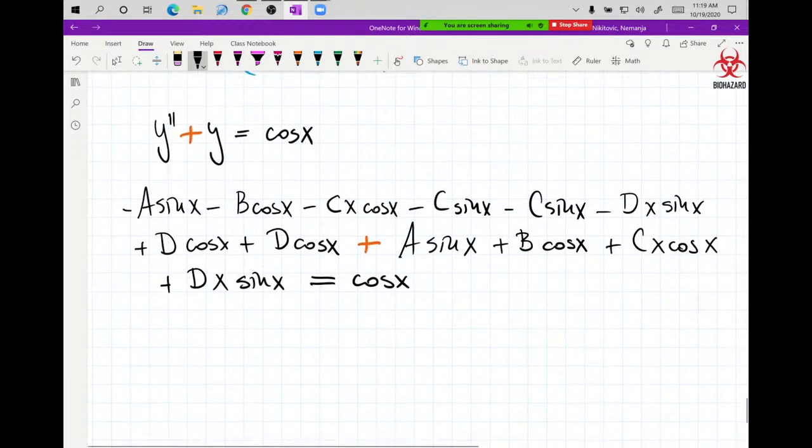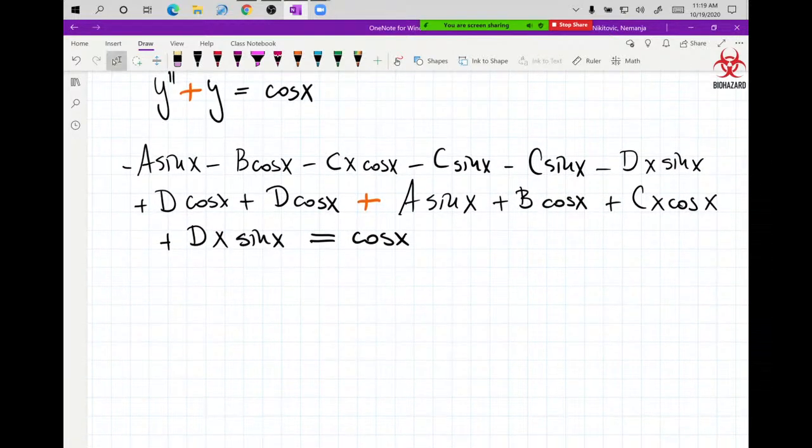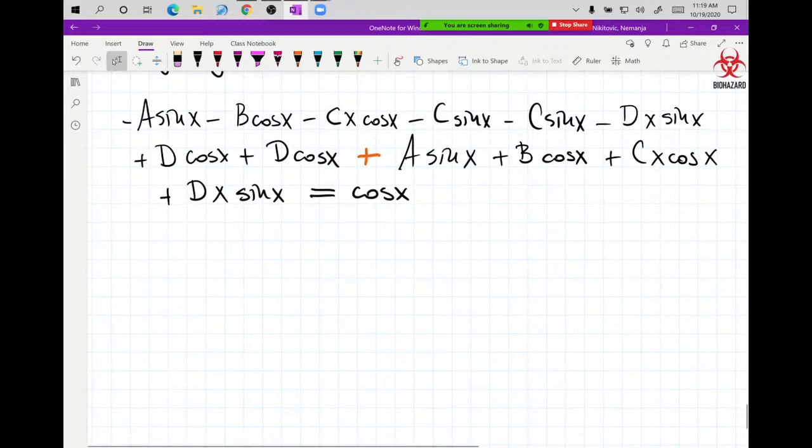All right, so now factor out all of the sines, all of the cosines, all of the x sines, and all of the x cosines, get their coefficients in a parenthesis. So sine x is going to have what? This term, this term.